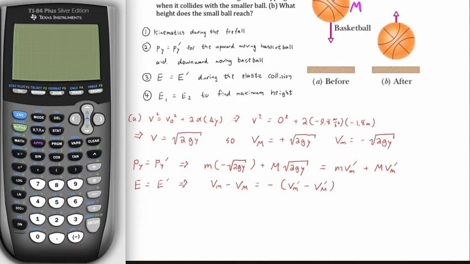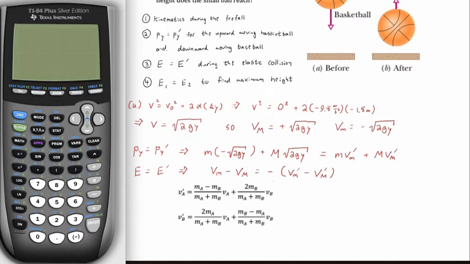Now we can do the algebra and then solve for what we need, but we have some pre-made equations that have already been done for us. So using our two equations here, energy and momentum, those two equations give us these two equations, which give us the final velocity for A and B, A being little m, B being big M, and it will give us the necessary final velocities.